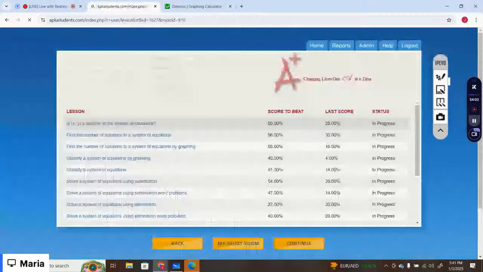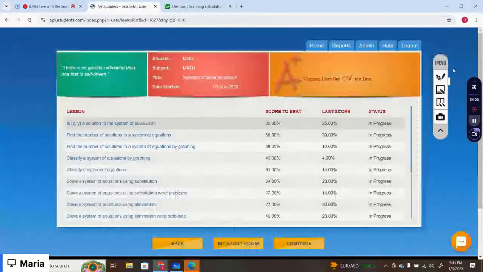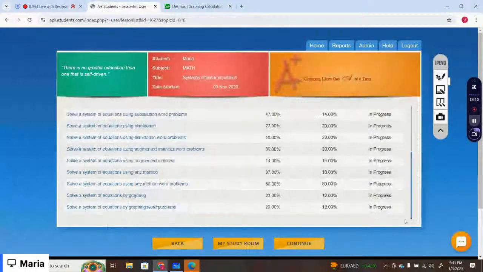The lessons we have covered today are solve a system of equations using augmented matrices, solve a system of equations using any method, and solve a system of equations by graphing. Please make sure before the next session you complete all the practice questions for the lessons we just did. That is your homework until the next session.